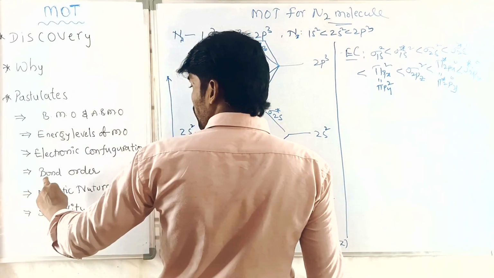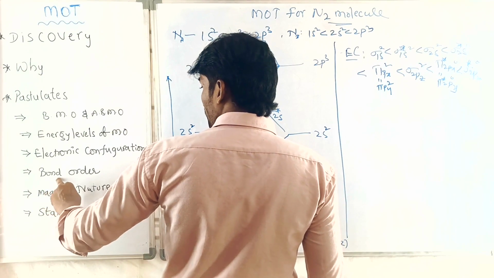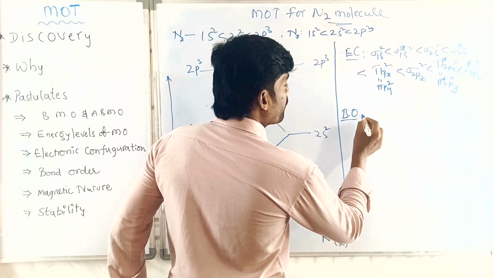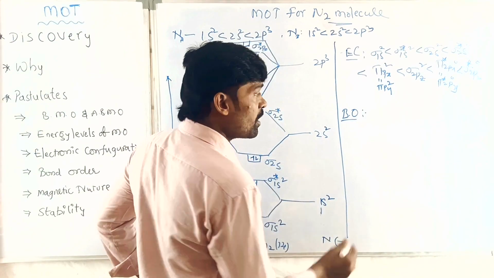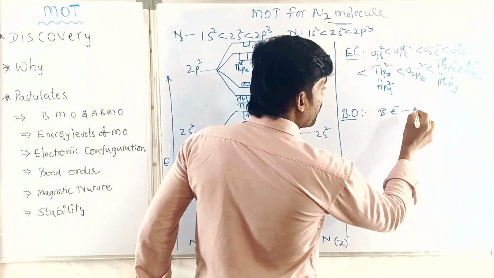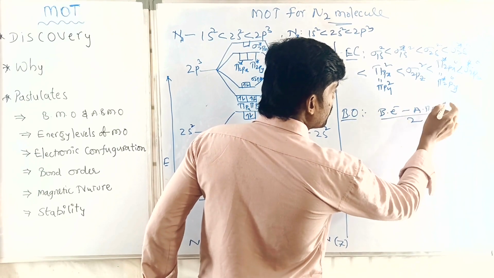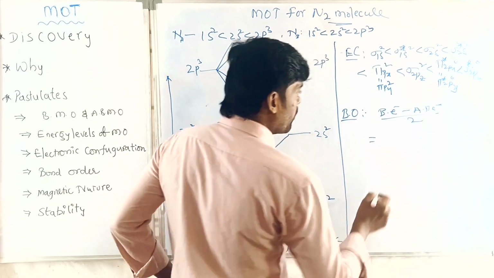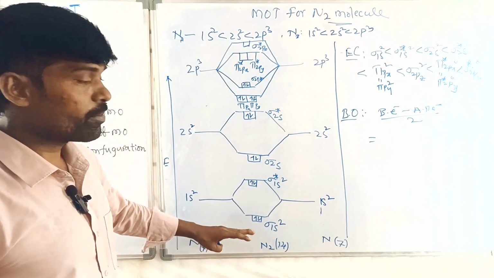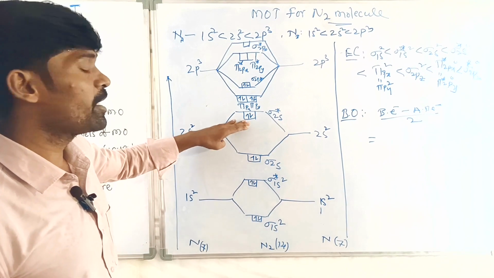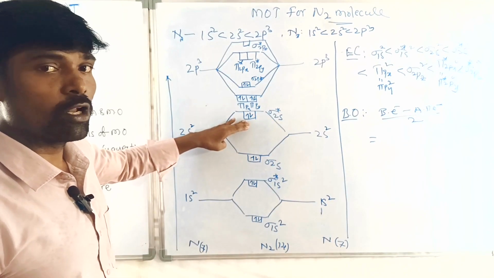Next, the other point from MOT is to find the bond order. Bond order in the N2 molecule is bonding electrons minus anti-bonding electrons, divided by 2. The electrons present in bonding molecular orbitals are the bonding electrons, and the electrons present in anti-bonding molecular orbitals are the anti-bonding electrons.